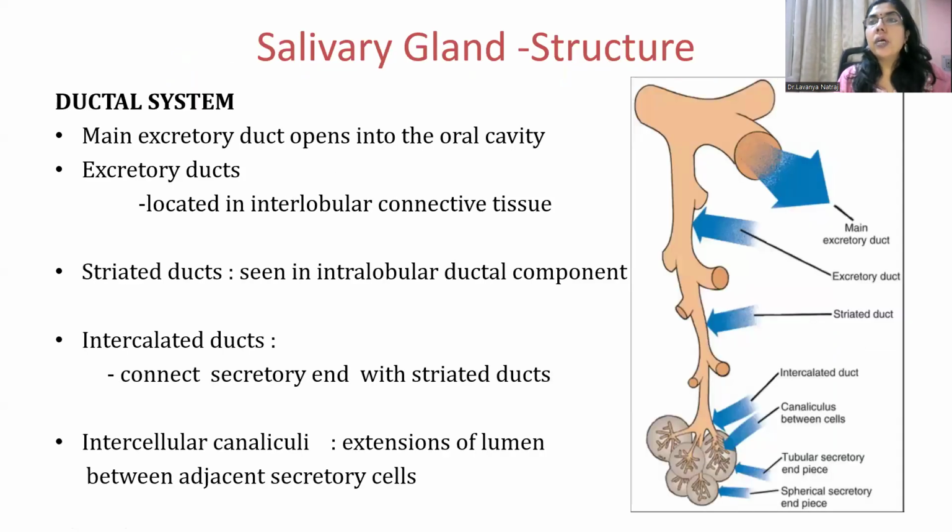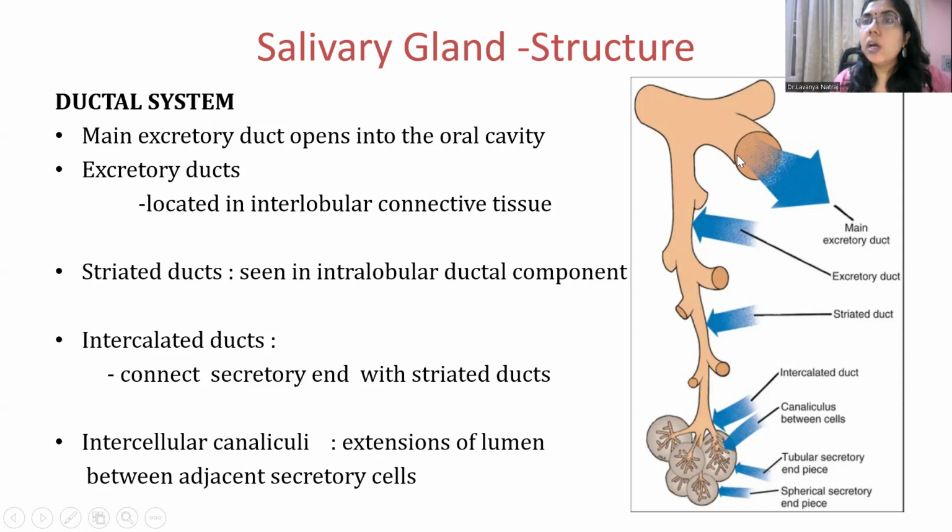So now coming to the ductal system. As you all know, the salivary gland has a structure made up of a ductal system and a secretory unit. So we will come to this ductal system. There are 3 types of ducts, depending upon the size. The main duct is called the excretory duct, which opens into the oral cavity.